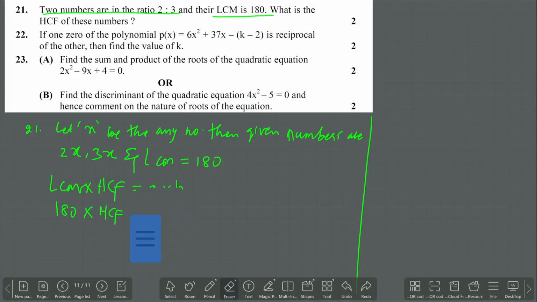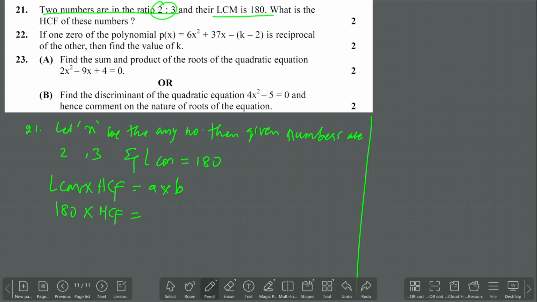I will give some other idea. What is the idea? When they give a ratio, you add them together.